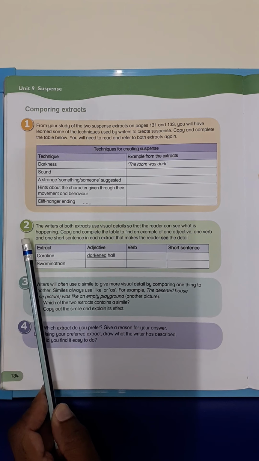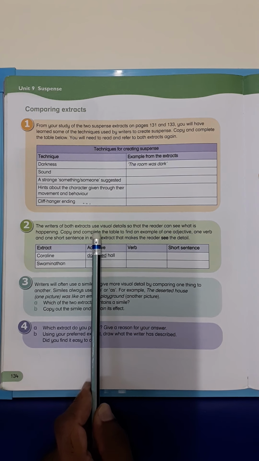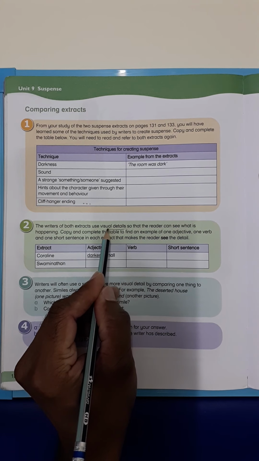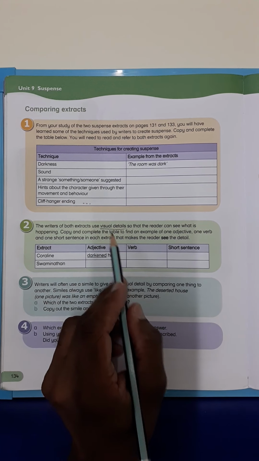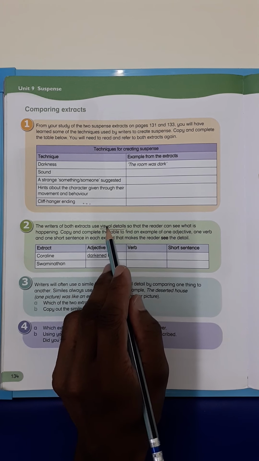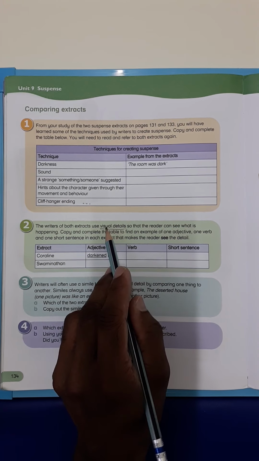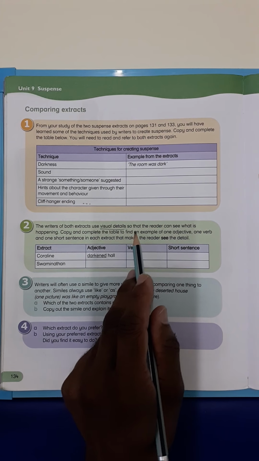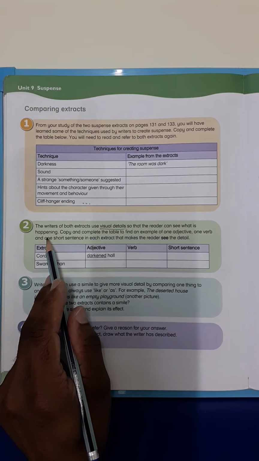Let's move on to number 2. The writers of both extracts use visual details. Visual details are details describing the way they look, describing the way they dress. The writers use visual details so that the reader can see what is happening.